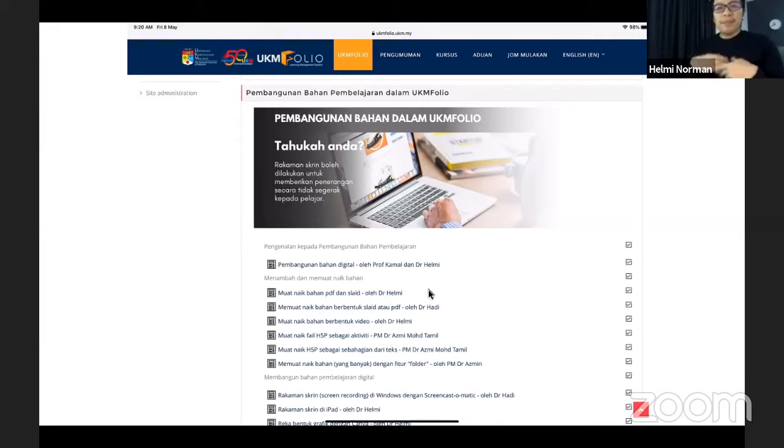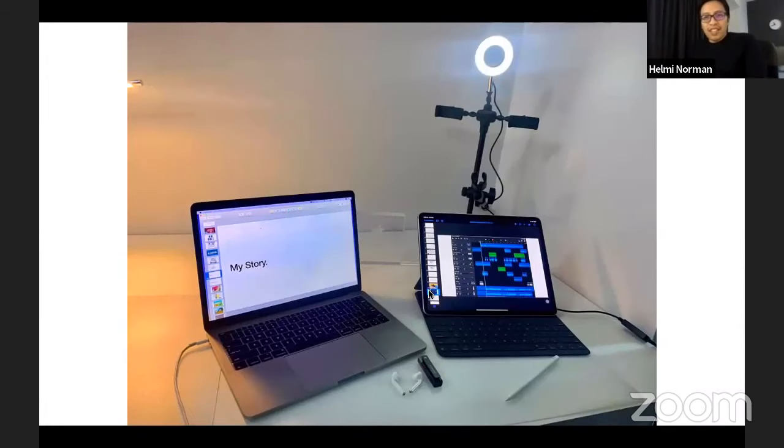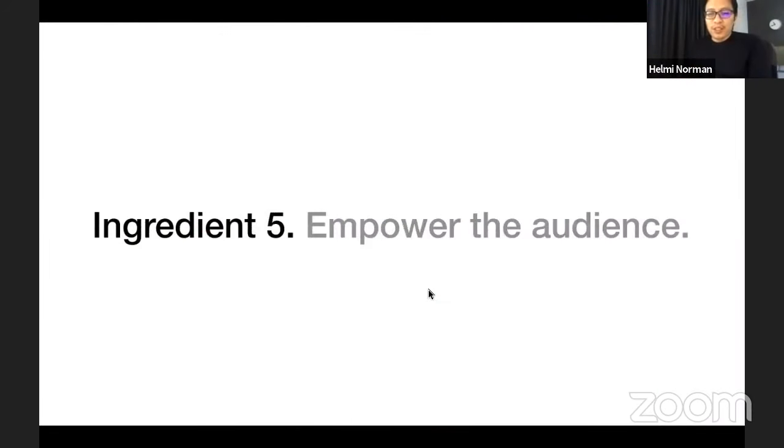But again, it's about consistency, using headers, using visual aesthetics that are consistent. And technology space, okay. This is actually the table that I'm using here. You see here the light coming here. So I think this is important. Lighting, technology that is in creating that content. Okay, so what do I have here?